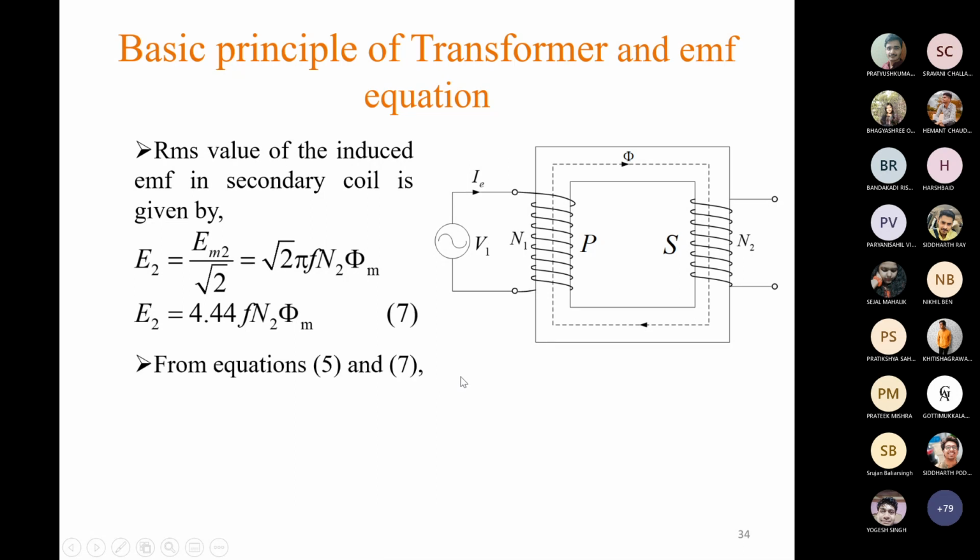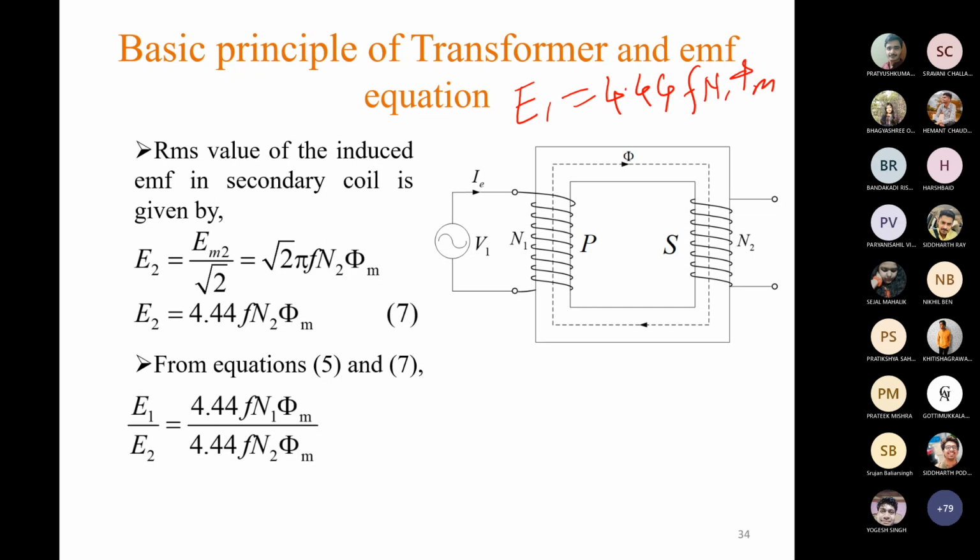Therefore from equations 5 and 7, equation 5 was E1 equals 4.44 f N1 phi m. We can write E1 by E2 equal to N1 by N2.